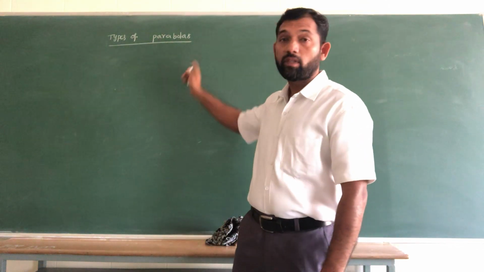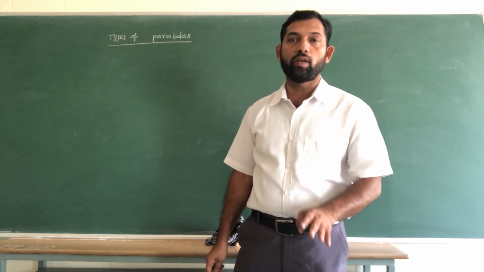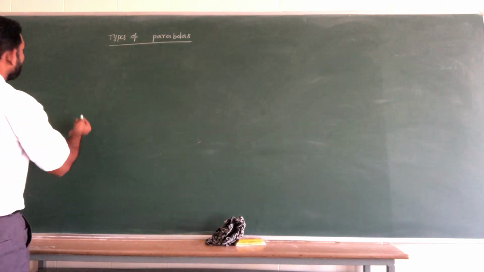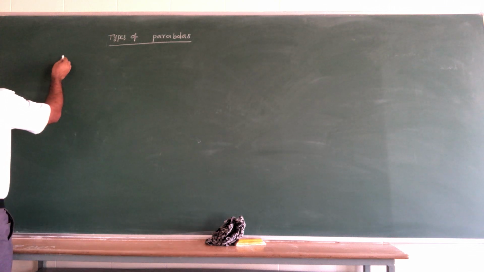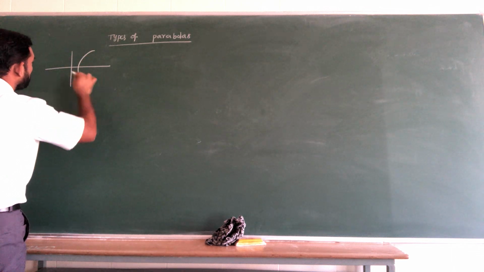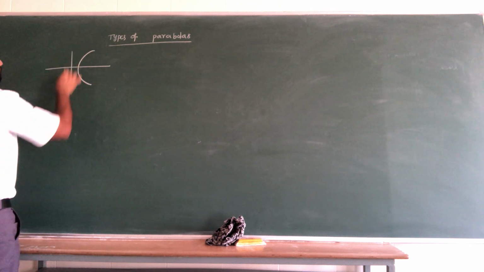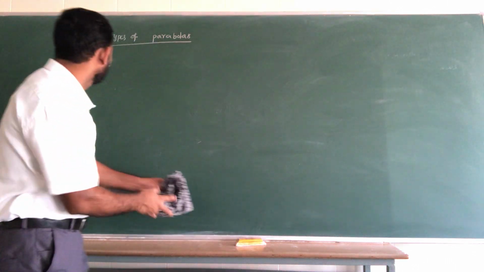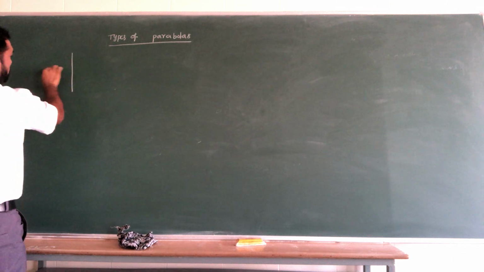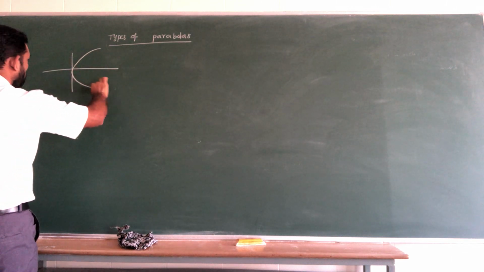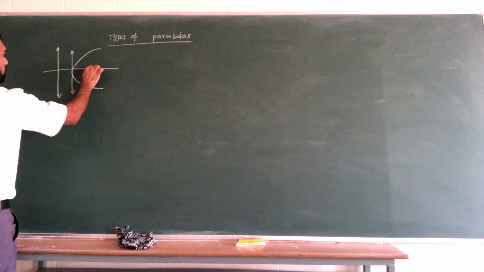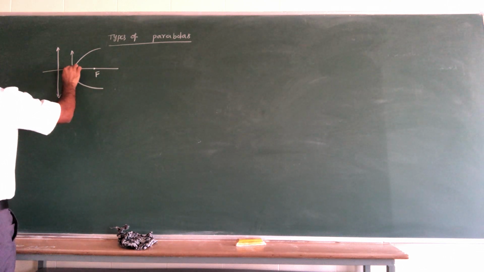Next, types of parabolas. Types of parabolas means you have four types in your textbook. Next, one by one. First one. This is the vertex.